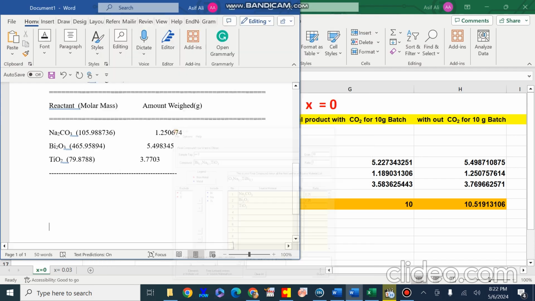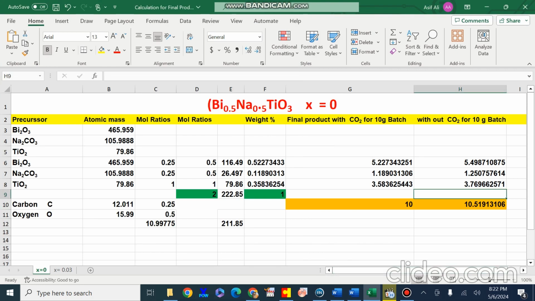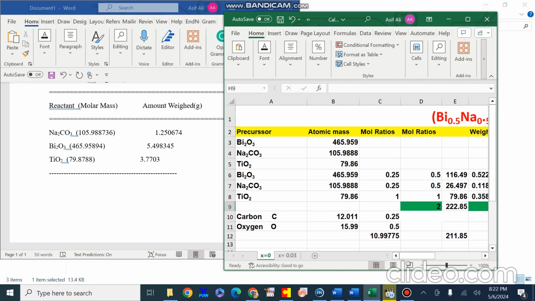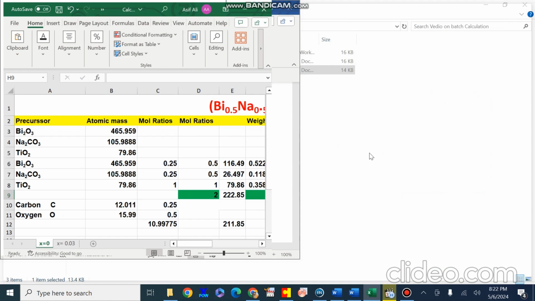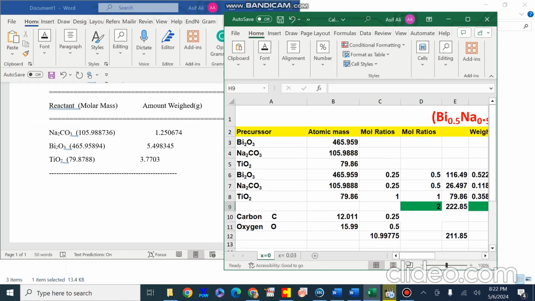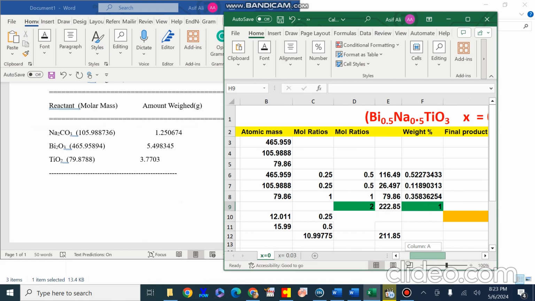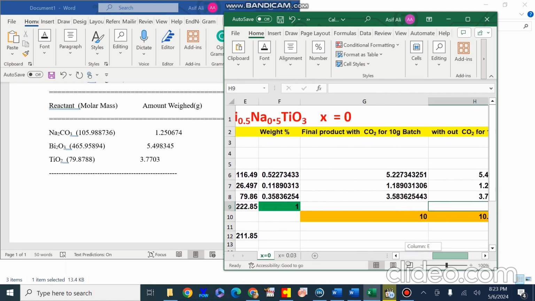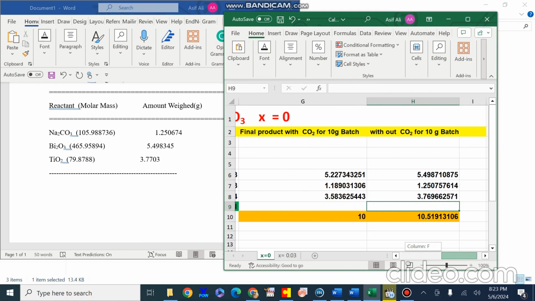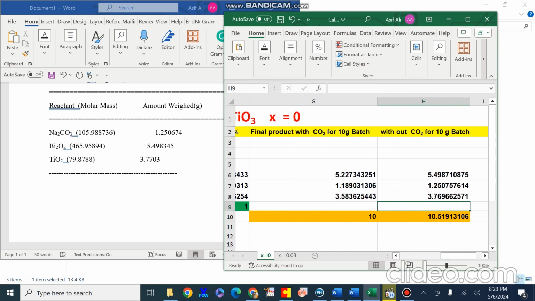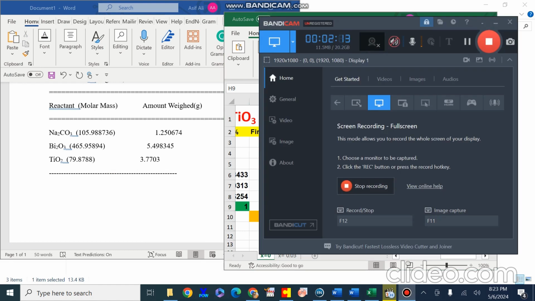So in order to compare it with our calculation, I will open both in this window, and from here you will see that the calculation of the batch is the same as what we have already done with the Excel sheet. From here you can see that what they have obtained and what we have are both the same thing.